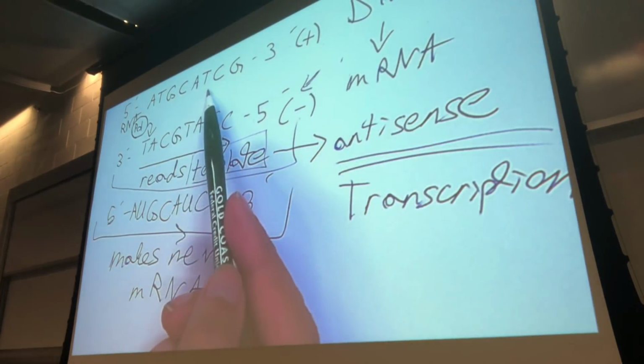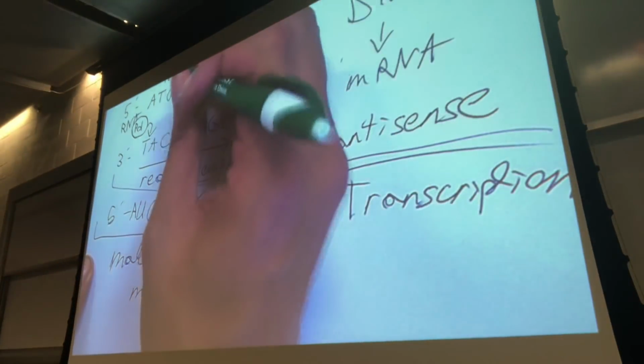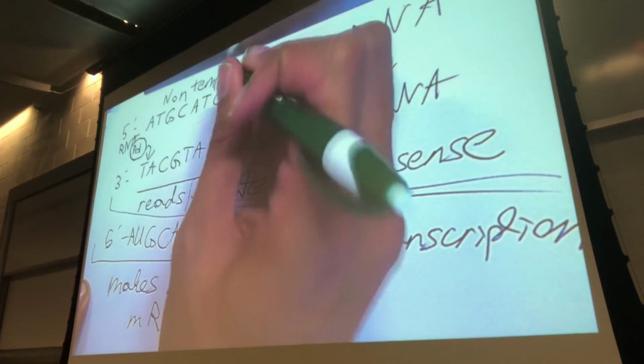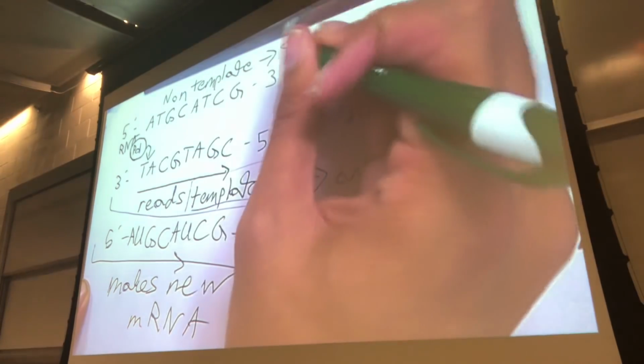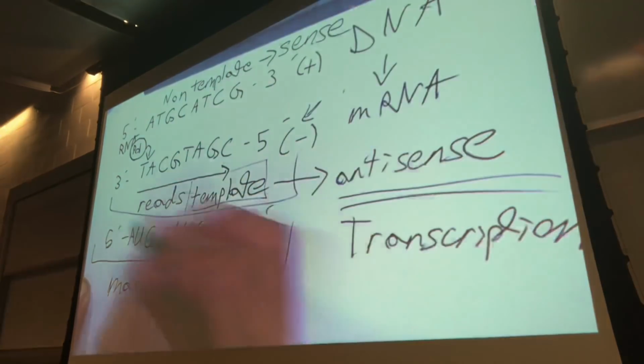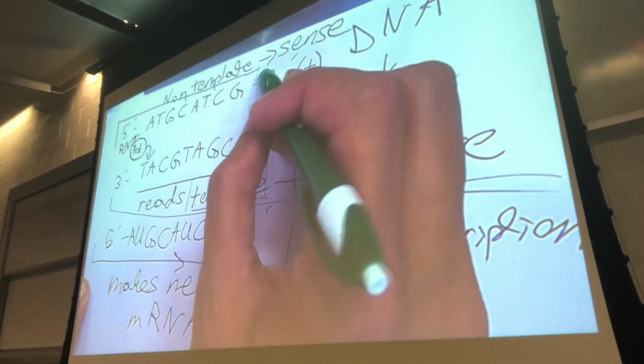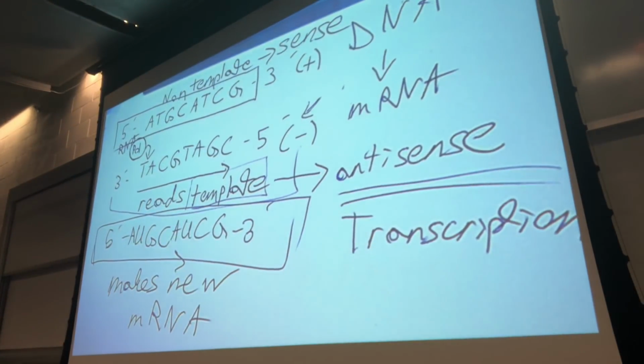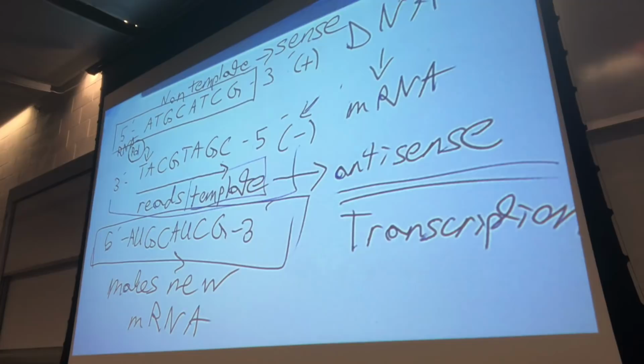That means this strand up here, the non-template strand, is your sense strand. And here's why it is called the sense strand. Compare this sequence with the mRNA you just made, and you will notice something very quickly.